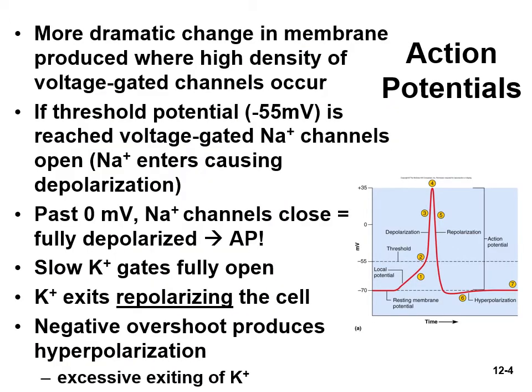Now, what goes into creating a response for a cell? Well, in order to do that, we're going to have to manipulate the membrane voltage, or the charge that comes across a cell membrane. Basically, we're going to have to make the cell membrane more positive for it to get excitable and for it to send its signal.